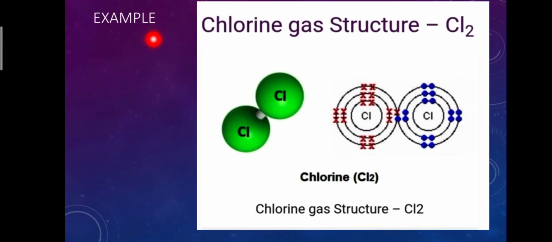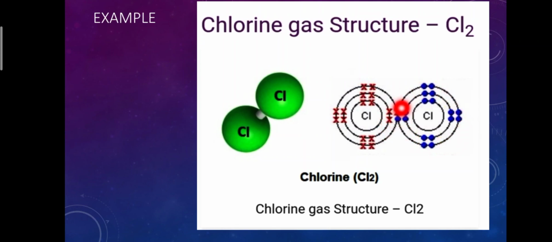For example, chlorine gas structure. One chlorine atom contains 7 electrons in its valence shell. It requires one more electron. So it shares the unpaired electron of the second chlorine atom, forming a covalent bond.